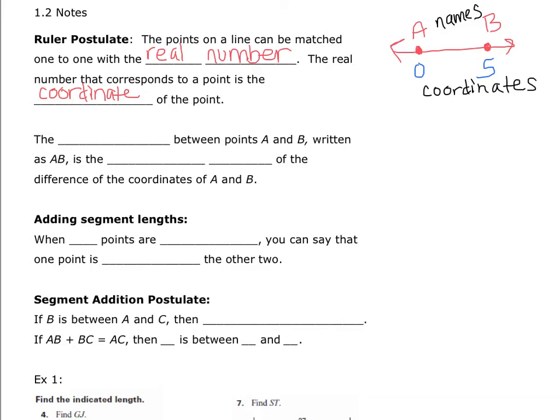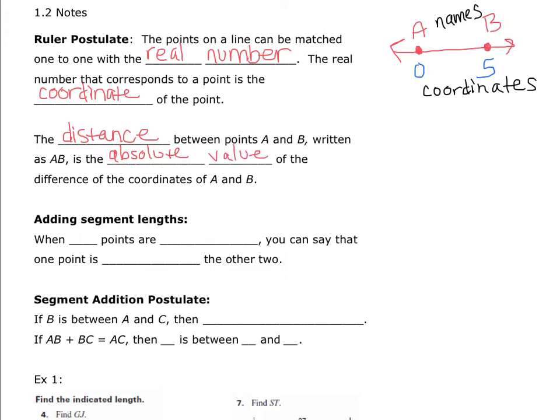Okay, now what else is that the distance between points A and B, written as AB, is the absolute value of the difference of the coordinates.